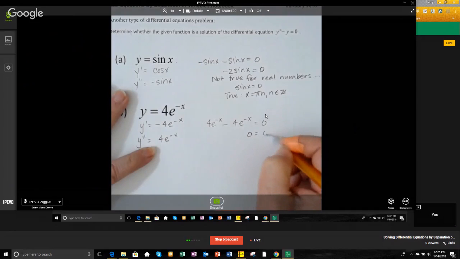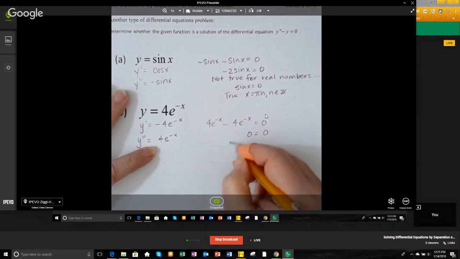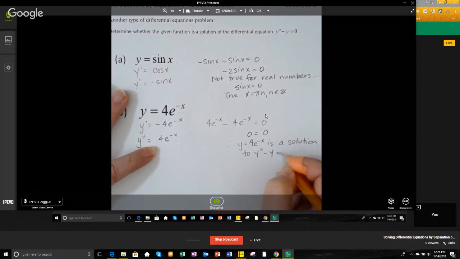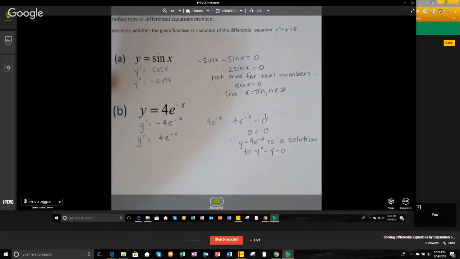So 0 equals 0. So we can say, therefore, y equals 4e to the negative x is a solution to y double prime minus y equals 0 for all real numbers, which is kind of cool.